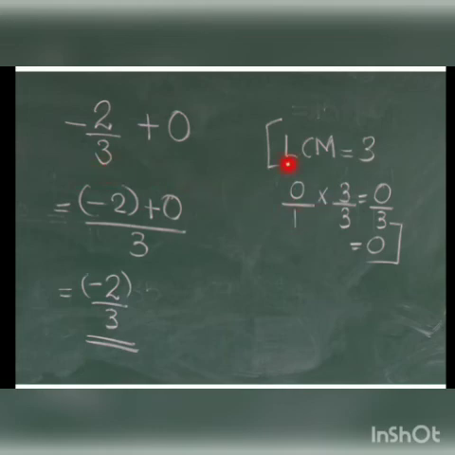So how can we convert 0 by 1 into denominator 3? You multiply that fraction with 3. Again what do you get? 0 itself. So negative 2 plus 0 by 3 is what? Negative 2 by 3. No need of doing step by step, you know directly. When a number is added with 0, you will have the same number. Here you are adding to negative 2 by 3, so in the answer also you will have negative 2 by 3.